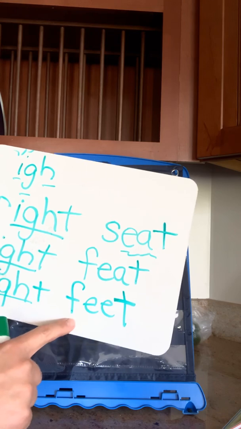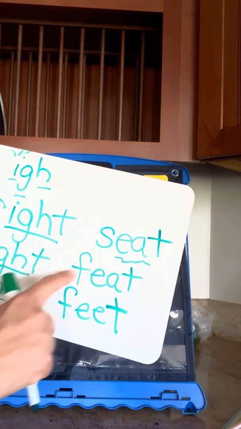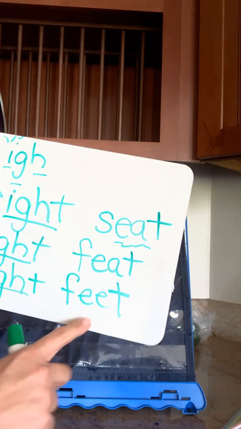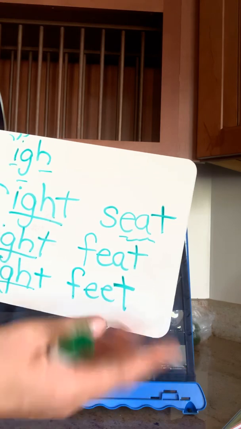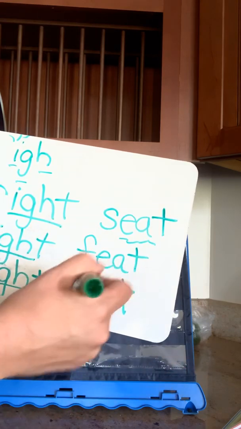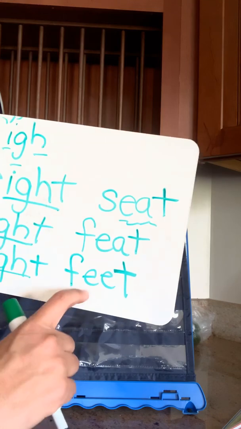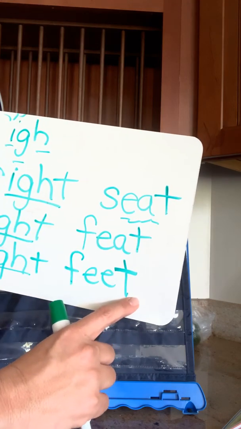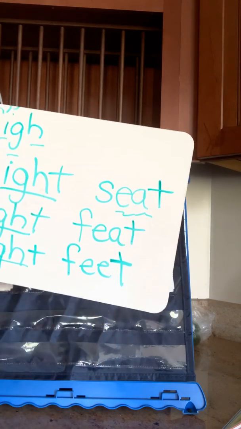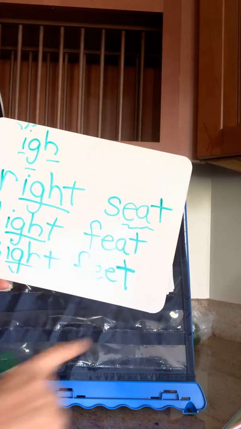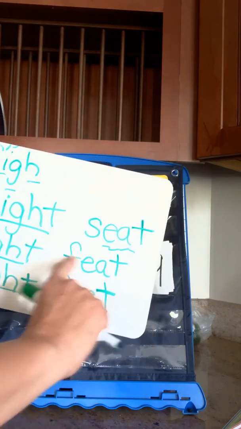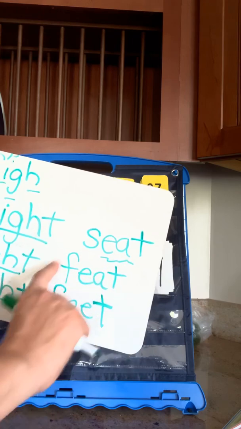Feet. Dilling, dilling, dilling. What is it? Homophones. They sound the same, but they're spelled differently and they mean different things. This kind of feet is your 2 feet that you use to walk down the street. Hey, that just rhymed. This kind of feat means a performance or something that you do.